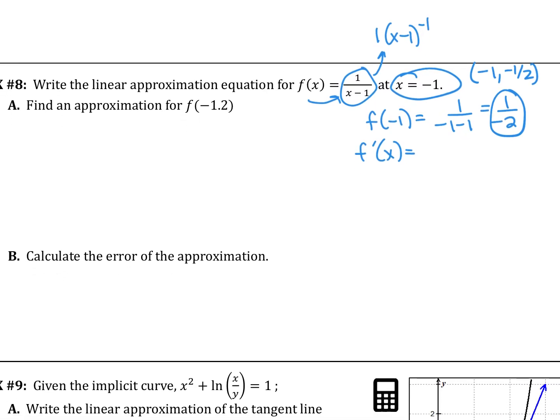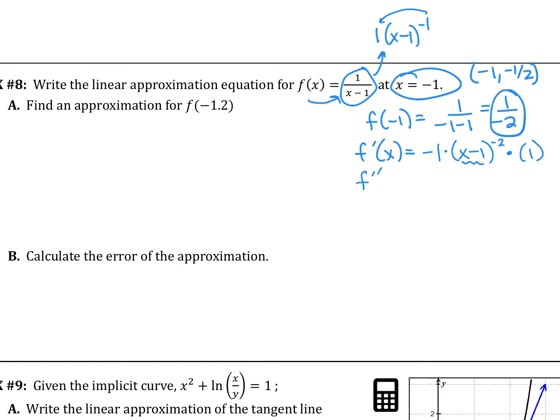So I am actually going to use the chain rule, and I can use the power rule here. So 1 times negative 1 is negative 1 times parentheses x minus 1 to the power of negative 2 times the derivative of the inside, which is 1. The derivative of x minus 1 is just 1.